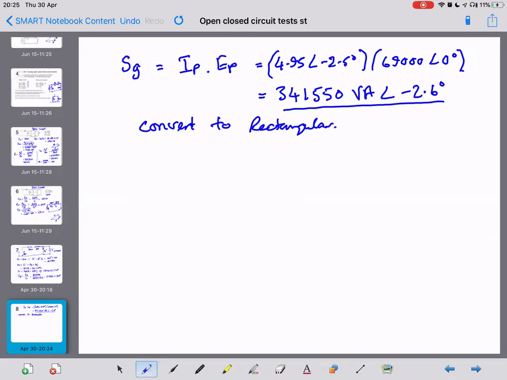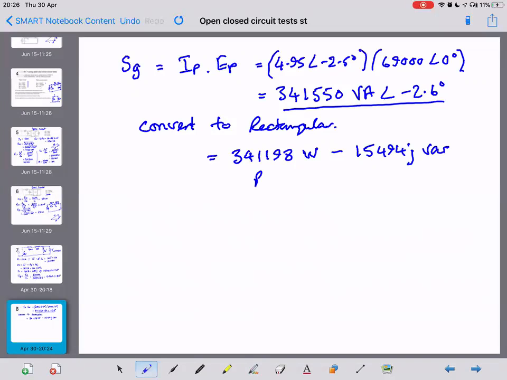We convert that to rectangular and we get 341,198. That's the watts, minus 15494 J, and that's your VAR.